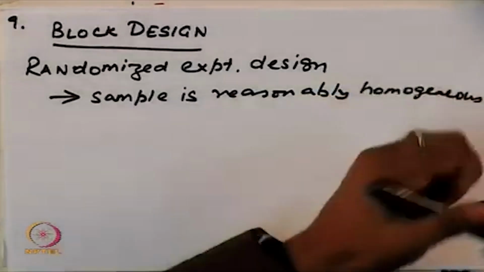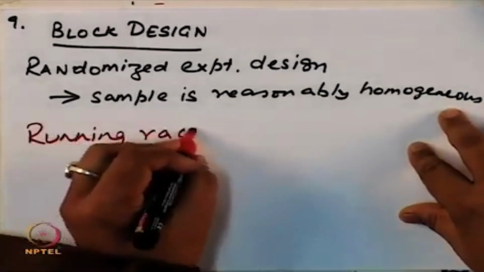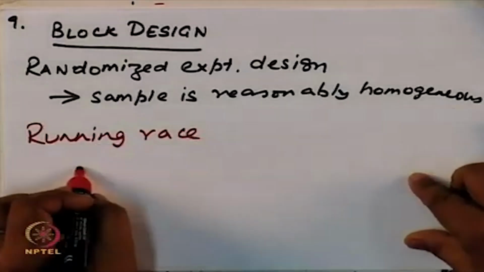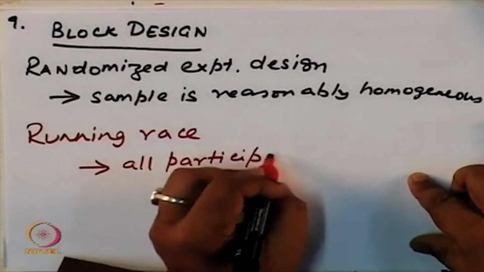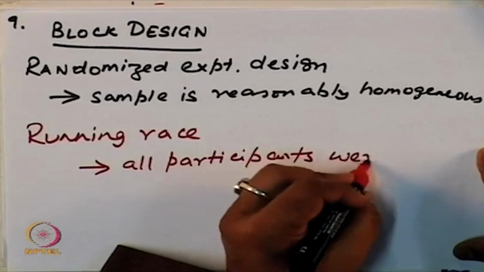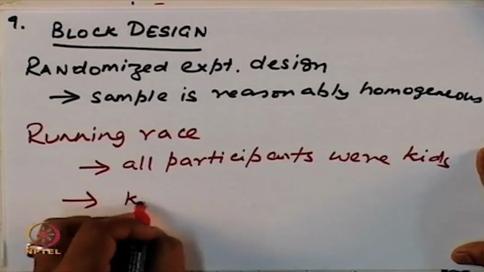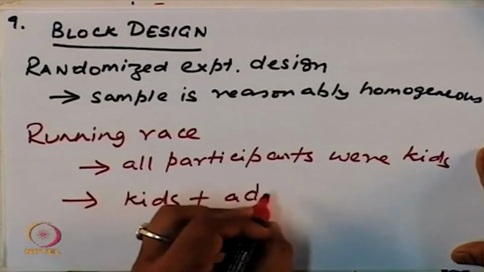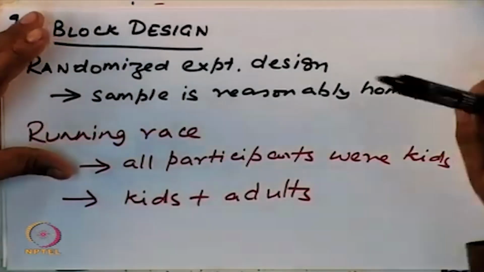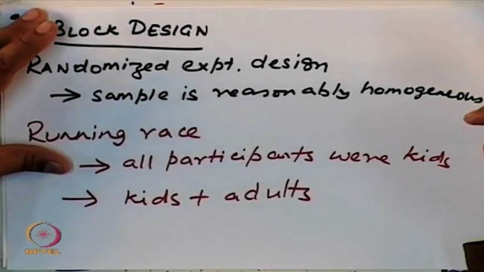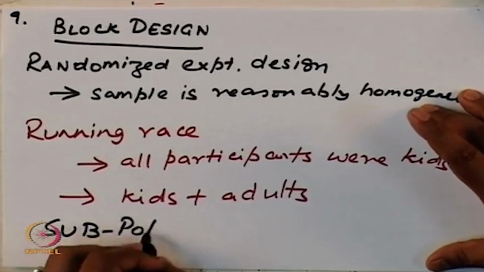So, for example, if you take a running race, what you measure would be very different if all participants were kids versus participants had both kids and adults. So, this is what the aim of randomized block design is to do: to take into account that you have various subpopulations in your main population.